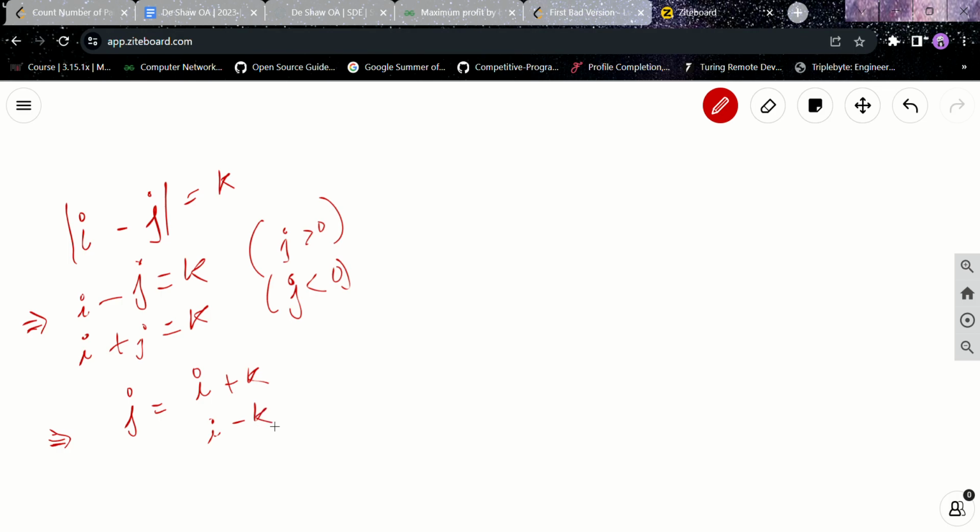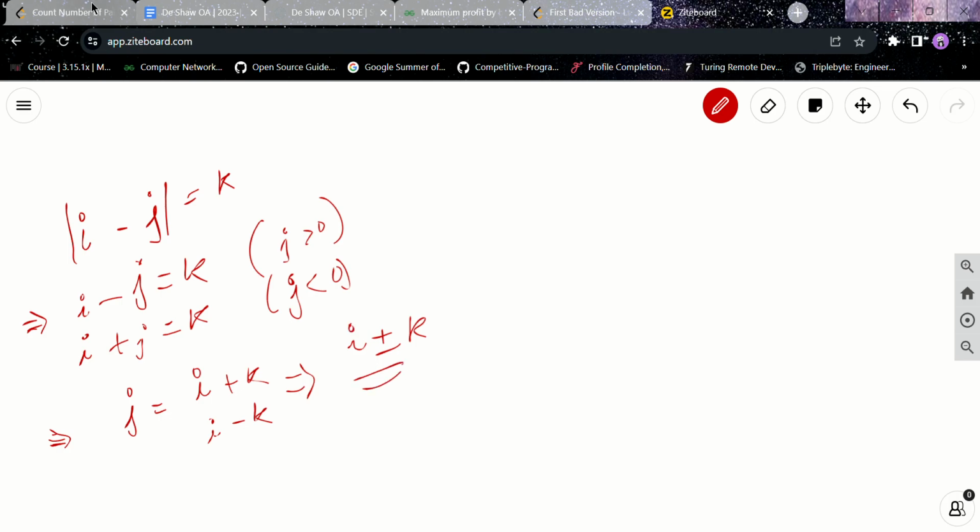That is also correct. We just put i there, and j will get this negative value. Now if we have j is equal to i plus minus k, this is our condition.